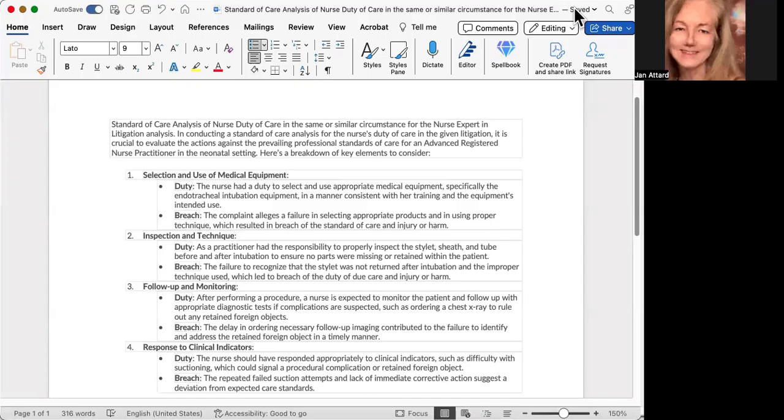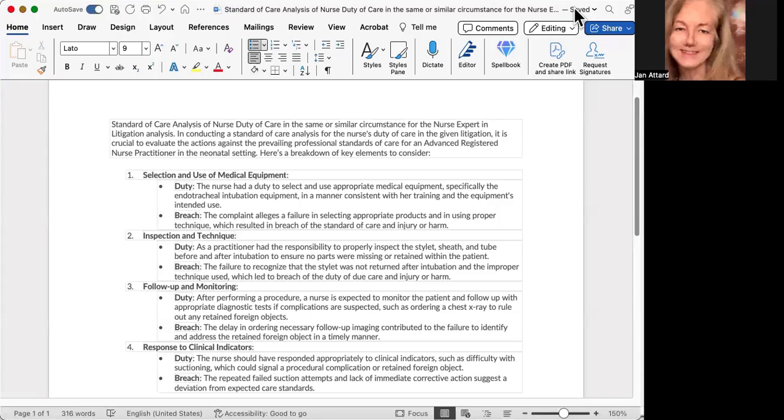You do not need to write a report first. It's actually not a good idea because anything you document can be used against you. So it's always best to get your story straight, collaborate with the doctor. Do not write anything until you're very, very clear what it is your duty is. You're not there to analyze any kind of doctor's actions. You're there to analyze the nurse's actions, especially if you're a nurse expert.